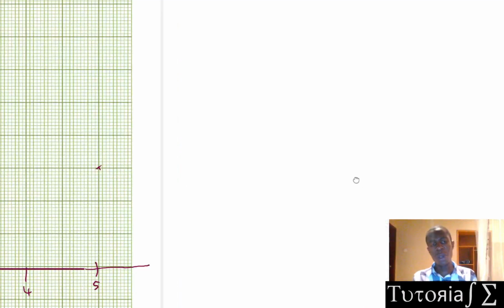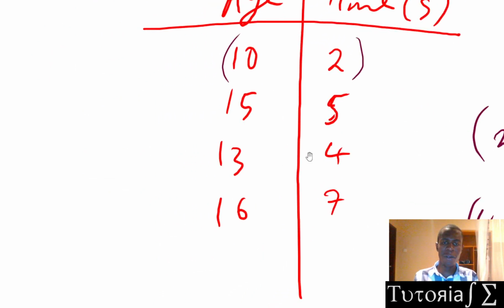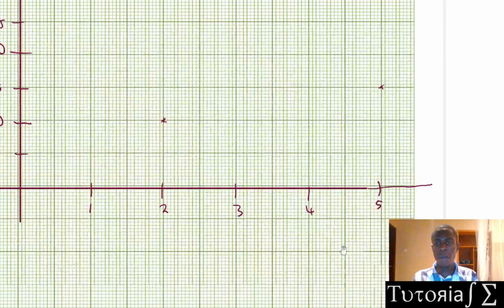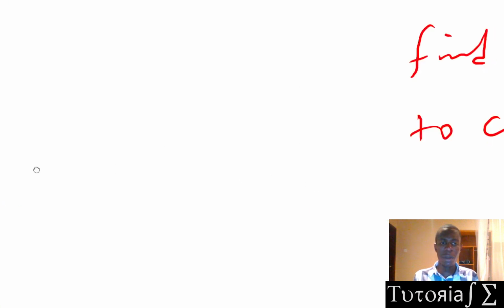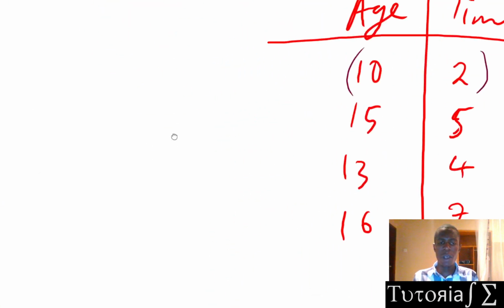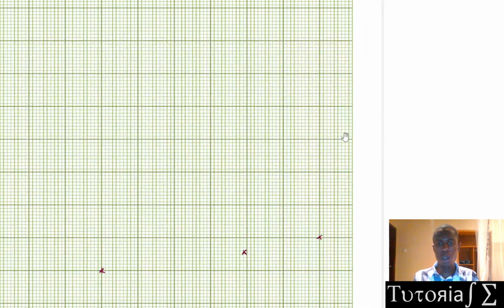Then we have 4, 13. If this is 15, halfway there is 12.5, so 13 will be somewhere there. Then we have another one, 7, 16. So 7 is somewhere there, and 16 will be way on top there.